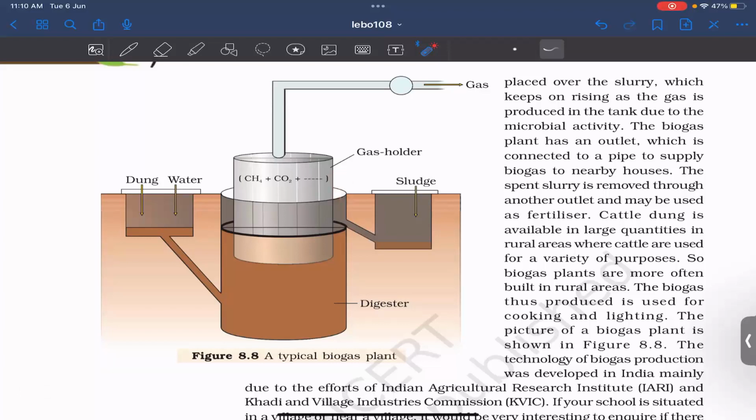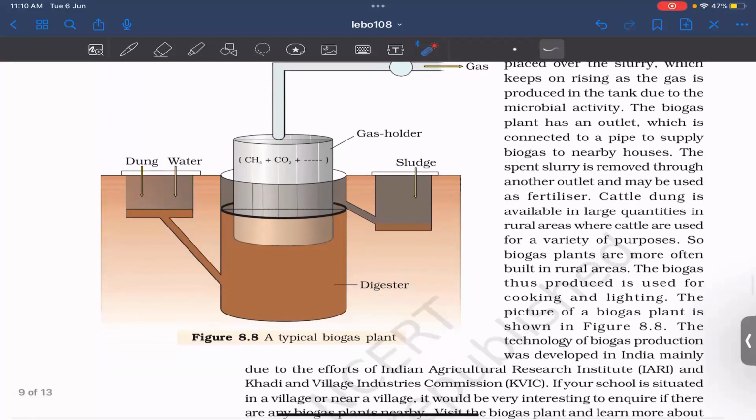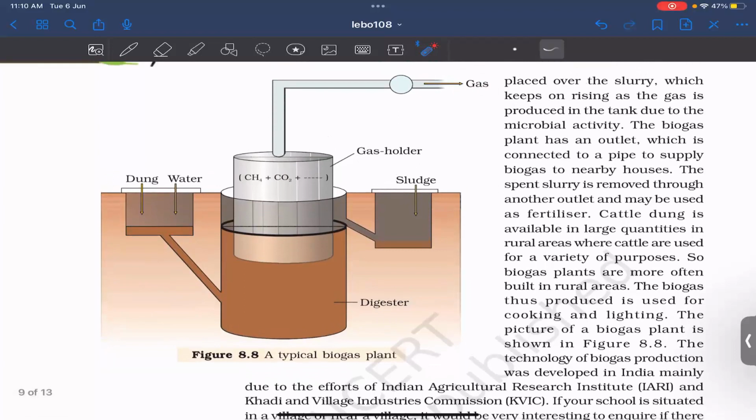This can also indicate the amount of biogas produced in the digester, and will lead to starting and stopping of the biogas plant. From here, the gas is taken out in a pipeline and supplied to the households or to the plant where it is needed. From here, the anaerobic sludge is also accumulated in this separate tank, and it can be used as a fertilizer.